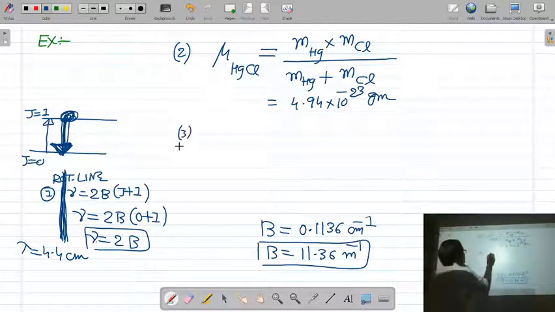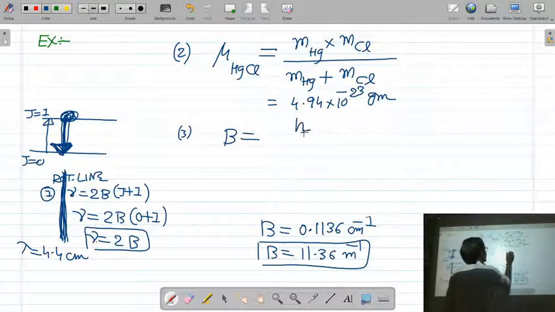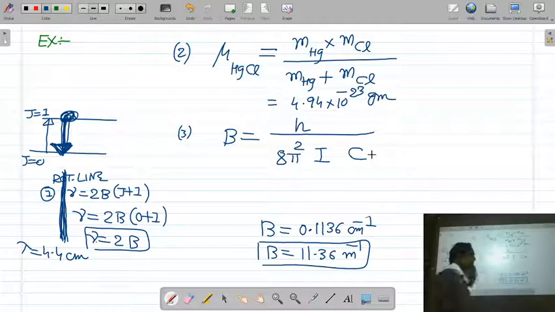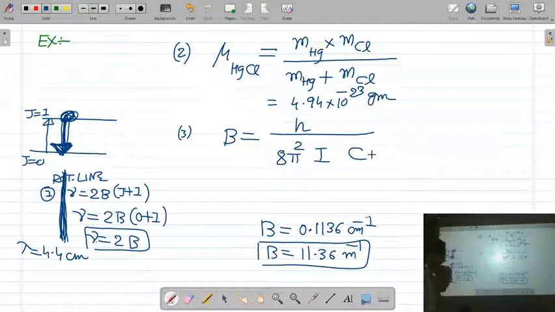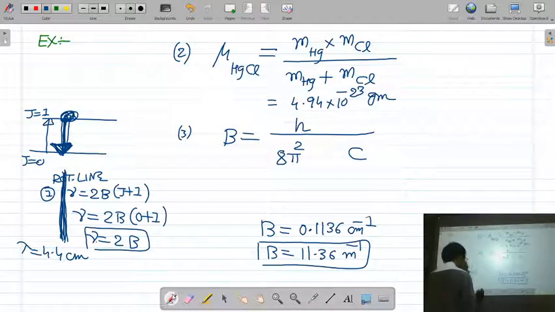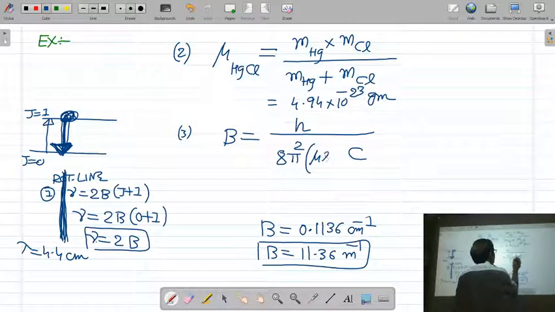Third, the rotational constant B, as you know very well, is h upon 8 pi square I c. In this equation, I is nothing but mu r square.